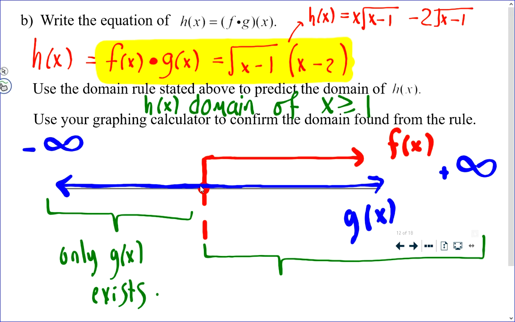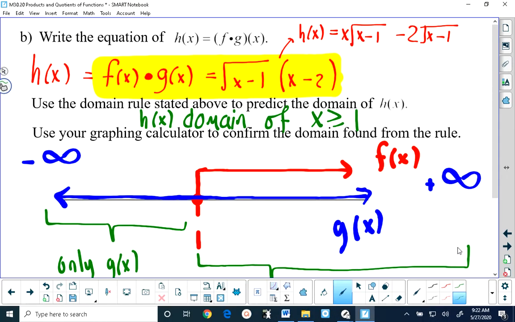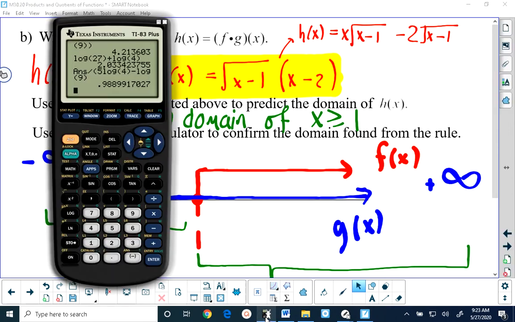Now we're also asked to use our graphing calculator to confirm that. There's a number of things that we can do on our graphing calculator to actually show that that's the domain. One of them is to look at a graph. So I'm going to enter in the square root of x minus 1, close the brackets on that, and then I need to multiply that by, in brackets, x minus 2.